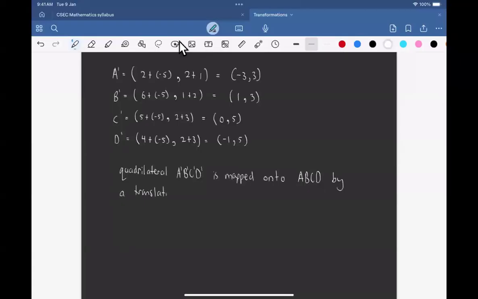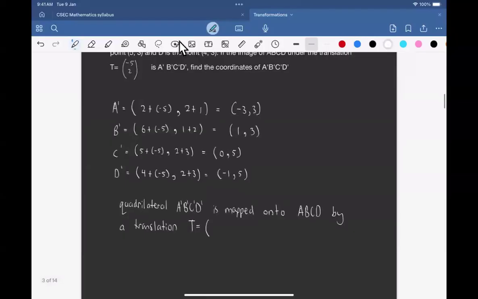What was the translation? Could somebody tell me what the translation was? Negative 5, 2. So quadrilateral A prime, B prime, C prime, D prime is mapped onto A, B, C, D by a translation T minus 5, 2.